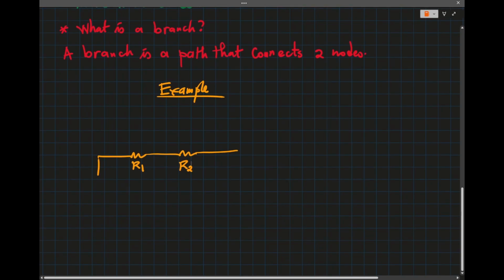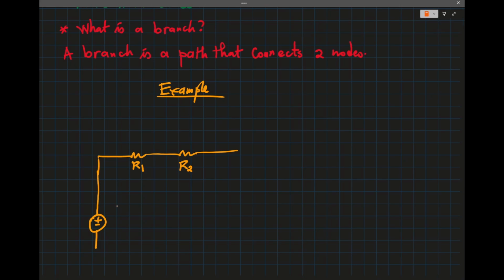Let's make it a little bigger so I can define branches, nodes, and all the terms in here. Then let's say this is R3 that connects to another voltage source.